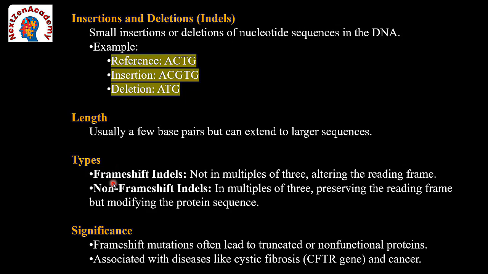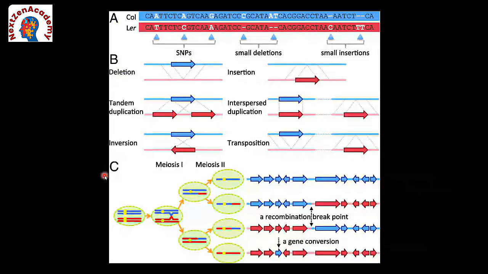Here you see ATCG, ACTG, where instead of C, one C is getting deleted, right? It will not be such that after three bases once again something gets deleted.